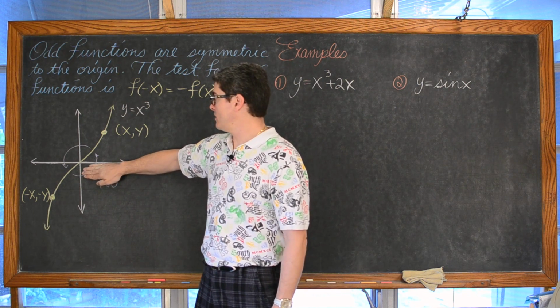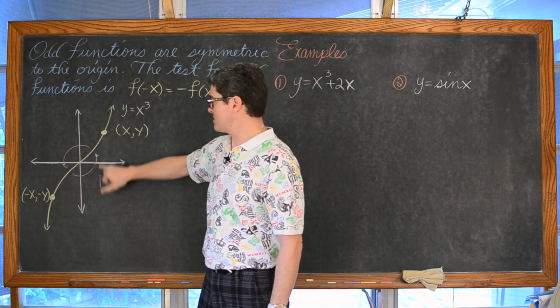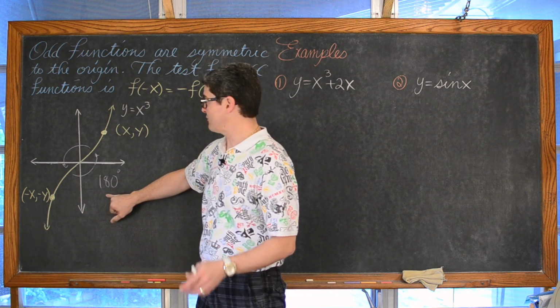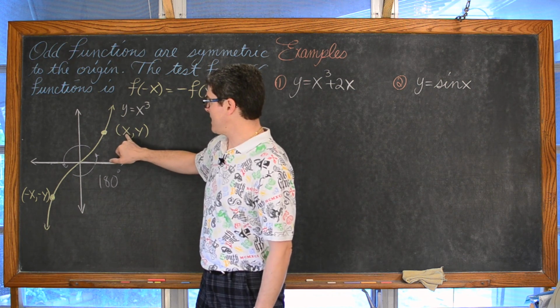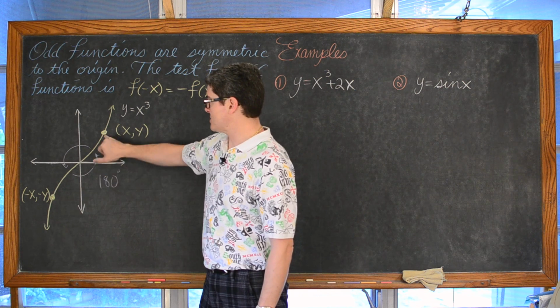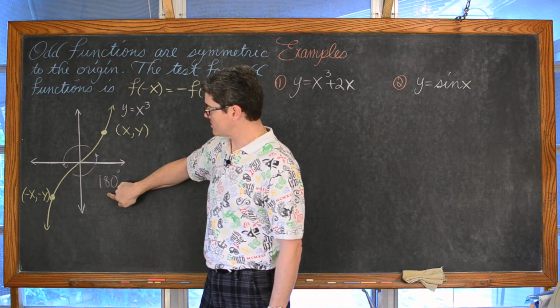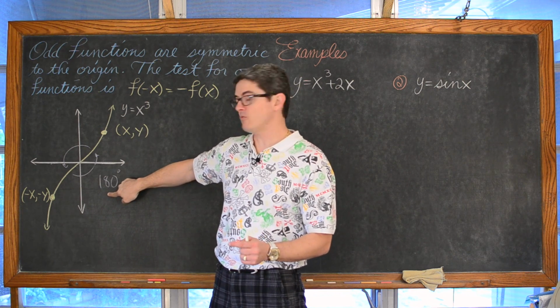We kind of talked about that already, symmetry to the x-axis, even though it's not really a function, where you'd have the same x value but the opposite y value. So if you reflected this point over the x-axis, you'd be down here at x, negative y.